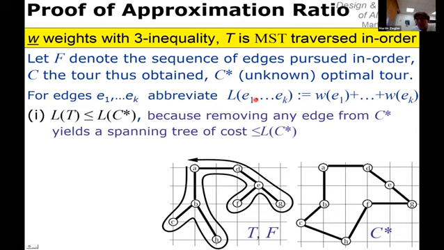And here we're going to show that this quotient is always less than or equal to 2, so that Christofides algorithm is never worse than twice an optimal solution. And this is good enough, right? For many applications, boiling down the running time from exponential, for an NP-hard optimization problem, where the best we can hope for is an exponential time solution.